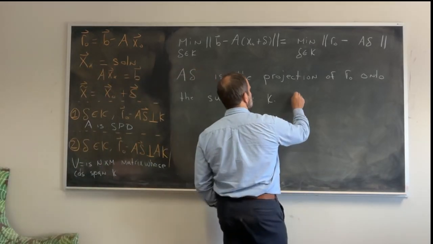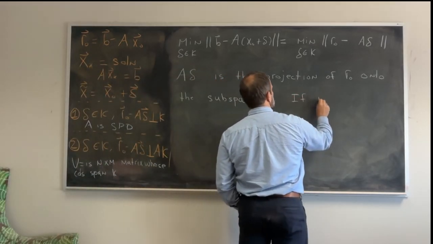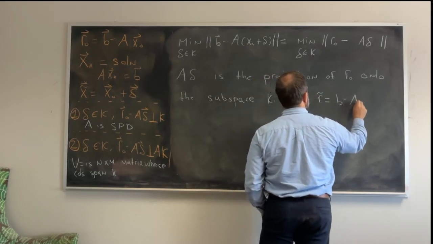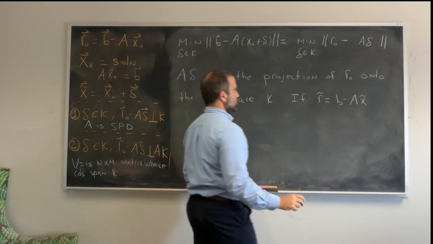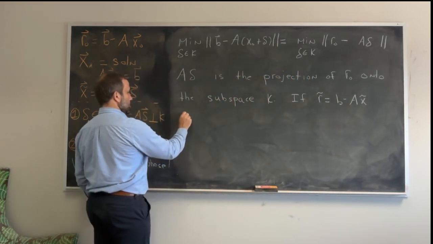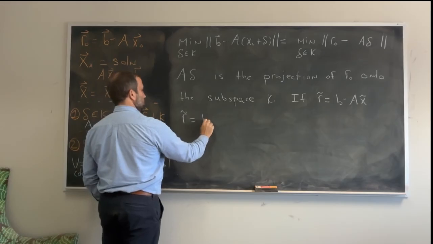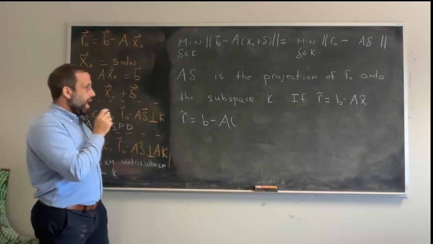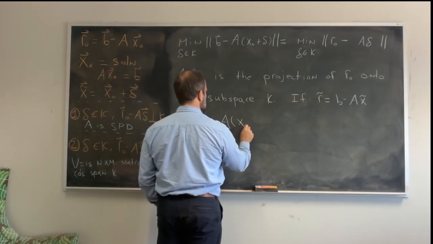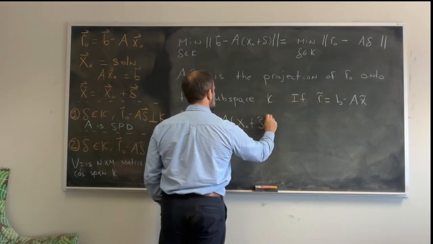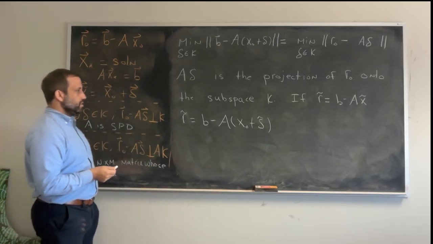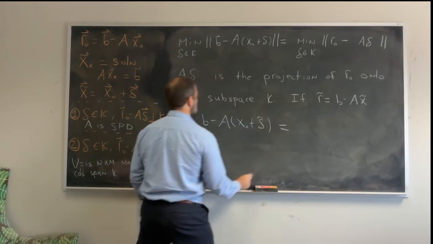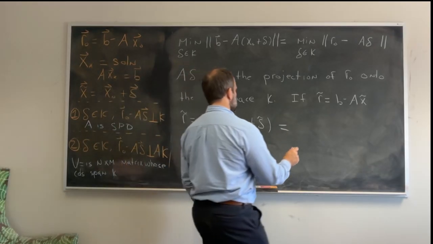So if R tilde is equal to B minus A X tilde, let's unpack this a little bit. What is X tilde? X tilde is simply X naught plus our delta tilde. That's what we're calling the solution to the minimization problem. And then how can we write this? Well, B minus A X naught, that's R naught.